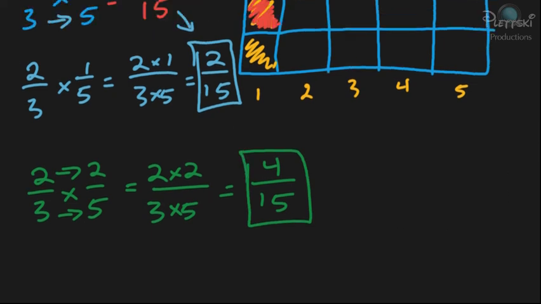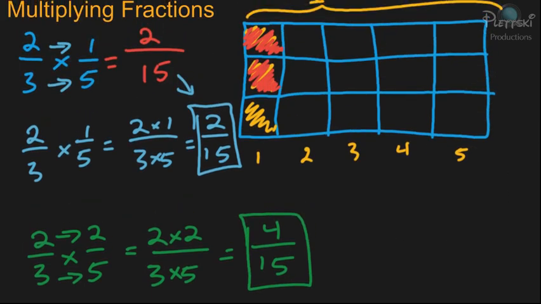And we could use the same model for this one. If we want 2/3 of 2/5, well, 2/5 would be like this. You have 2/5, and then I want 2/3 of those 2/5. So 2/3 of 2/5.